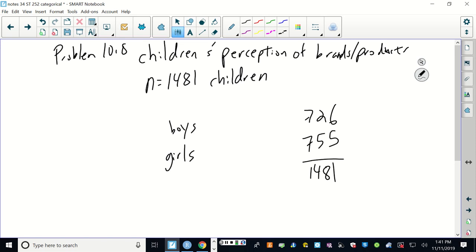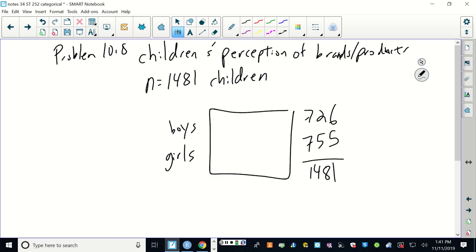They were asked on essentially a 5-point scale what they thought of the products. Did they like it a lot? Did they like it? Were they neutral, didn't care? Dislike or strongly dislike? So that would be 5 categories.